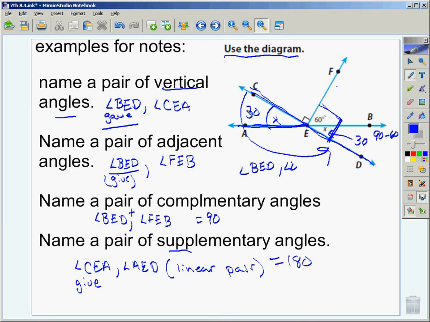With that being said, if this one is 30, how can I find the missing one that's over here? If these two have to add up to equal 180, how can I find the one that's missing here? Maddie? Well, the other direction, 180 minus 30, so this angle would be 150 degrees.